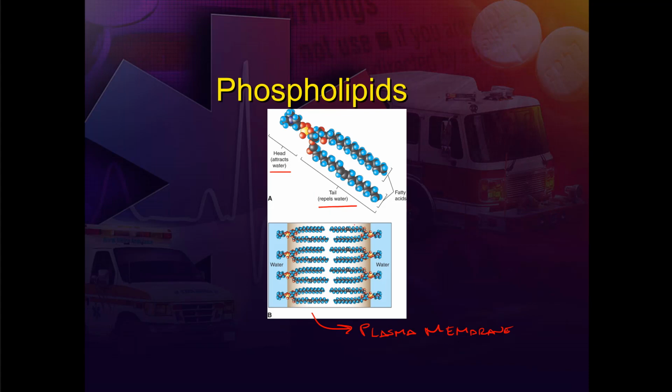So when placed in water, these are going to all organize so that the tails face each other and the heads do not face the inside of the plasma membrane. They face the water. So this creates a tight bond between these that prevents water from getting into the space. In fact, if water is injected in here, these will flip and destroy the plasma membrane.